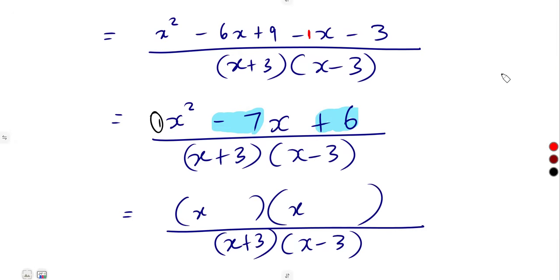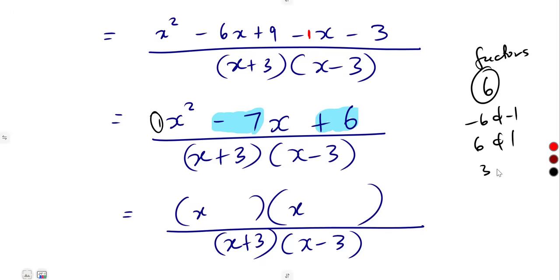The factors of 6 are negative 6 and negative 1, 6 and 1, 3 and 2, negative 3 and negative 2. So many, but which of these, when we add, gives negative 7? That's minus 6 and minus 1.